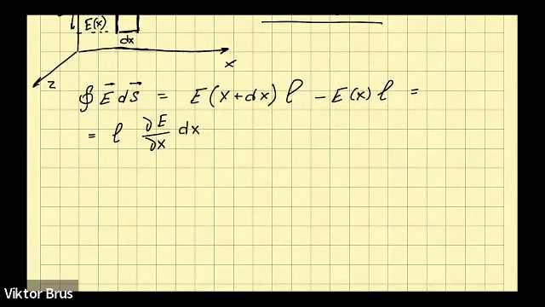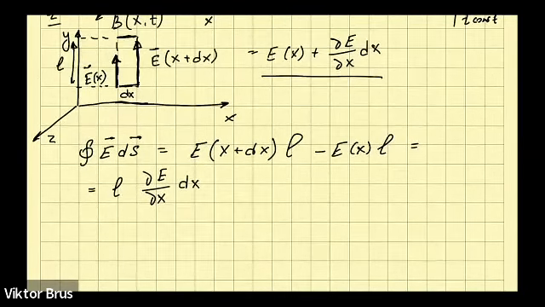Now, magnetic field flux through this closed path, rectangular closed path, taking into account that the magnetic field vector is perpendicular to the electric field vector and is oriented along axis z. So that's something like this.